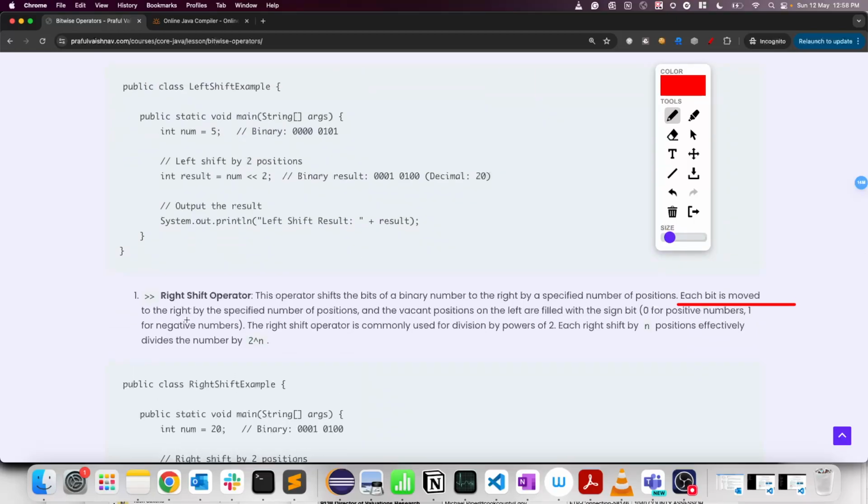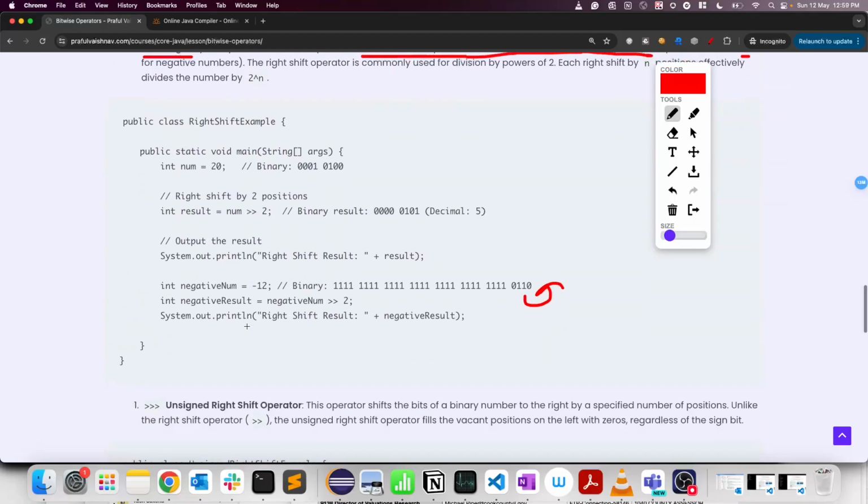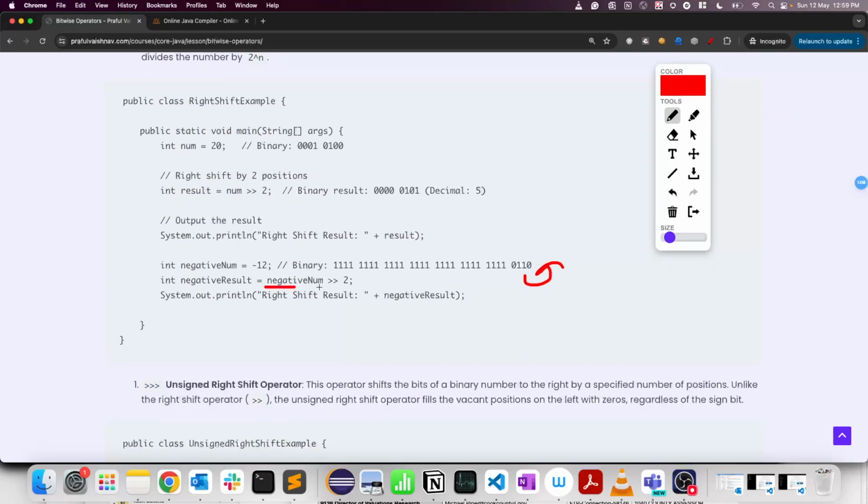Each bit is moved to the right and the vacant positions on the left are filled with the sign bit. Simple. If it is a positive number, it will be filled with 0, and if it is a negative number, the sign bit will be 1, so it will be filled with 1. So here, if we right shift it by 2, the vacant positions on the left will be filled with 1, and all these bits will shift to the right.